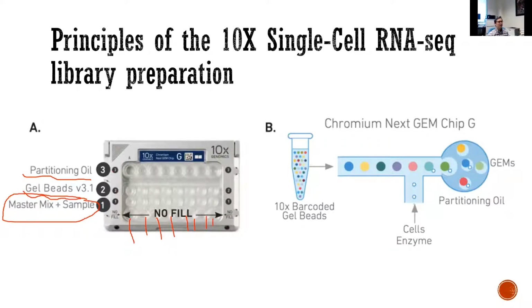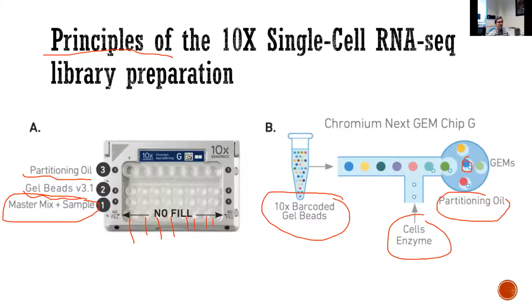So I'm going to explain the principle of this preparation. How are you going to prepare these gel beads and prepare your cells and enzyme to let the barcoded gel beads be captured by the partitioning oil and to prepare those oil droplets?